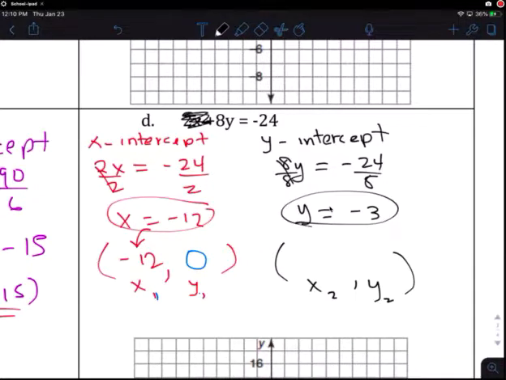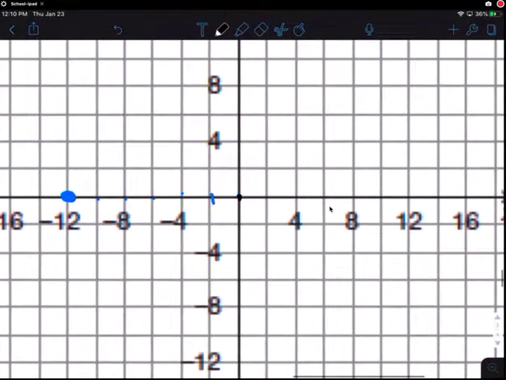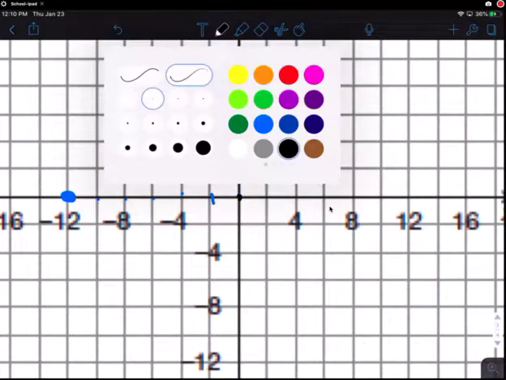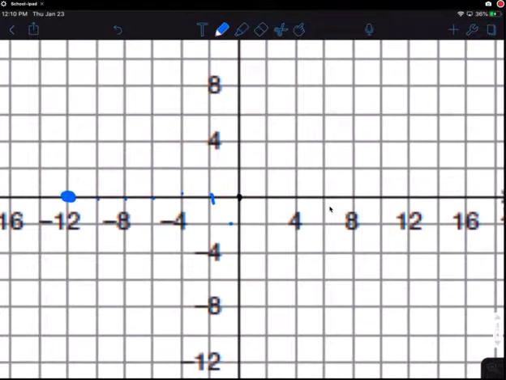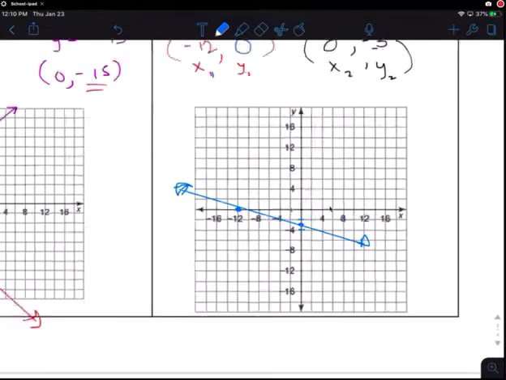This is y, so it goes here, 0, negative 3. So negative 3 is right in the middle between them. Draw your lines. Oops, not a good one, right? Try to get it, nope. There you go. Well, close enough. And put arrows at the end because you can have many points.